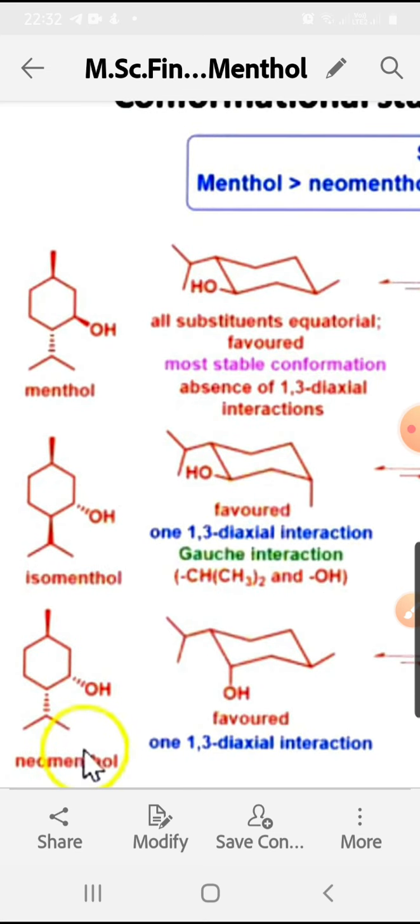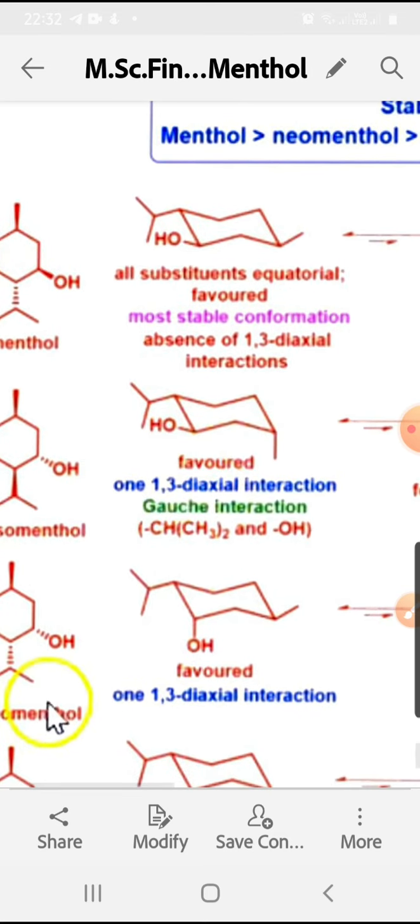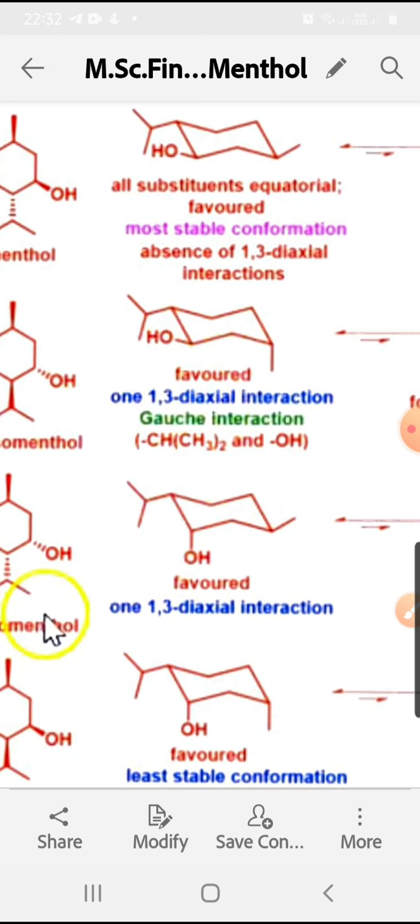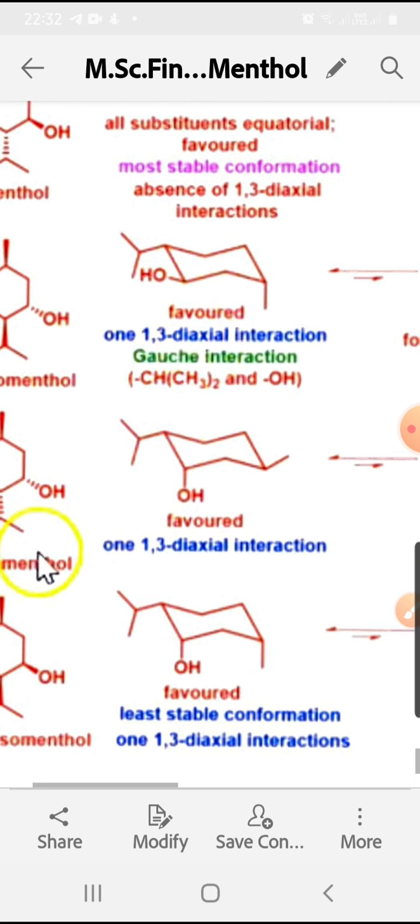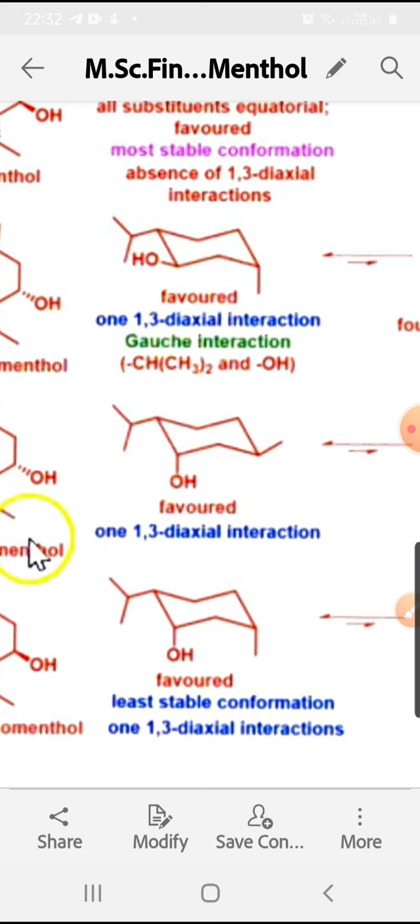In isomenthol and neomenthol, there is only one axial substituent, whereas in neoisomenthol, we have two bulky substituents which are axial to each other. Because of 1,3 diaxial interaction, isomenthol, neomenthol and neoisomenthol are unstable as compared to menthol.